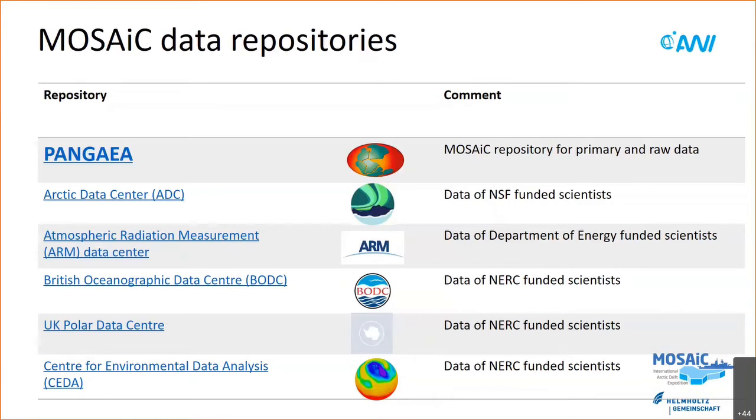So we have, for example, for American scientists, the Arctic Data Center, and for Department of Energy funded scientists, there is a repository, the Atmospheric Radiation Measurement Data Center, which had already basically its own data management infrastructure within the MOSAIC project, quite independent of the rest of the infrastructure.